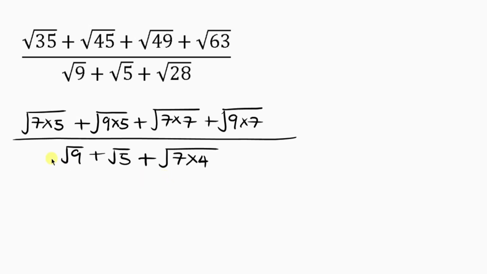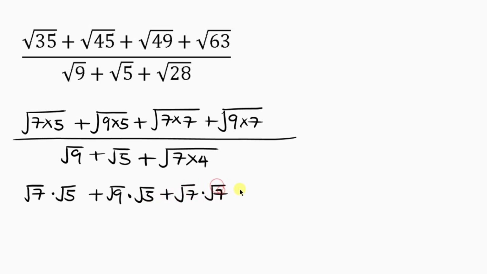And how do we do that? Simply by separating the roots. So for this square root of 7 times 5, we can go ahead and write it as the square root of 7 times the square root of 5. We're going to be doing the same thing to the others, plus the square root of 9 times the square root of 5 plus the square root of 7 times the square root of 7 plus the square root of 9 times the square root of 7.